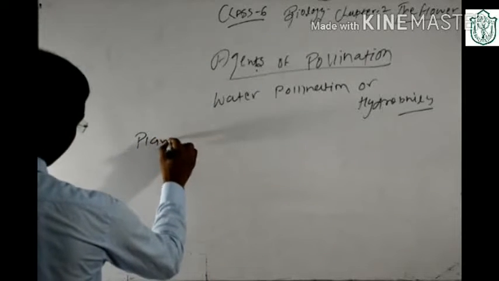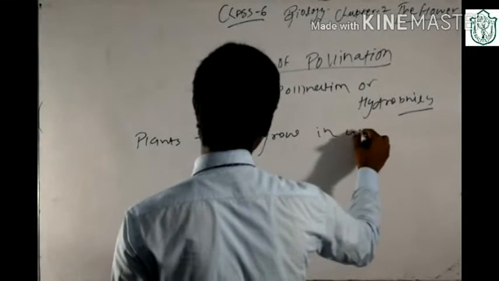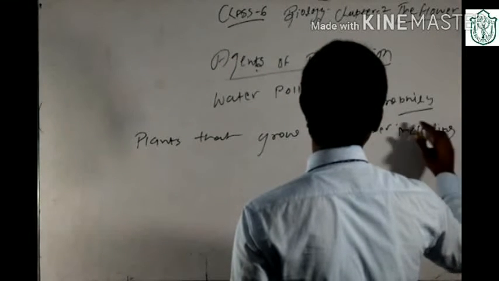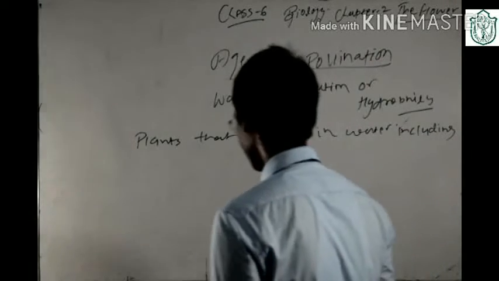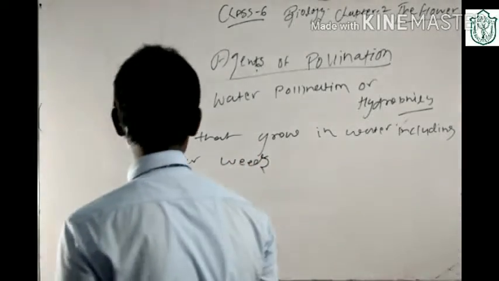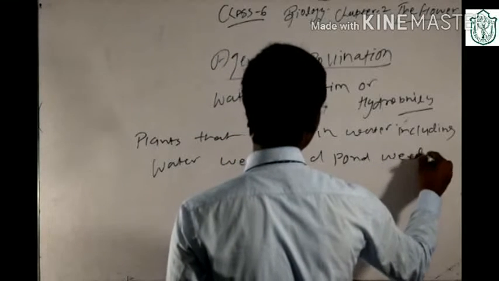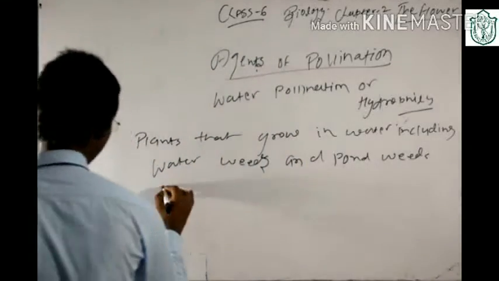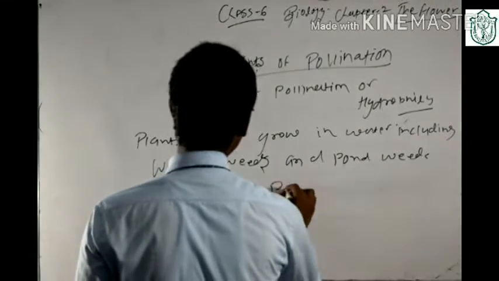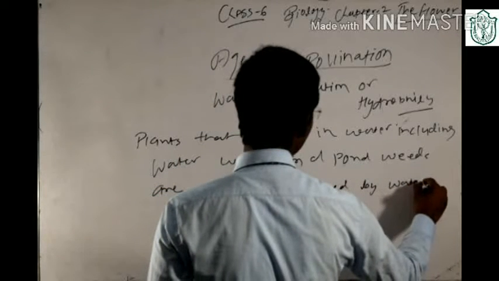Plants that grow in water, including water waves and other waves, are usually pollinated by water.